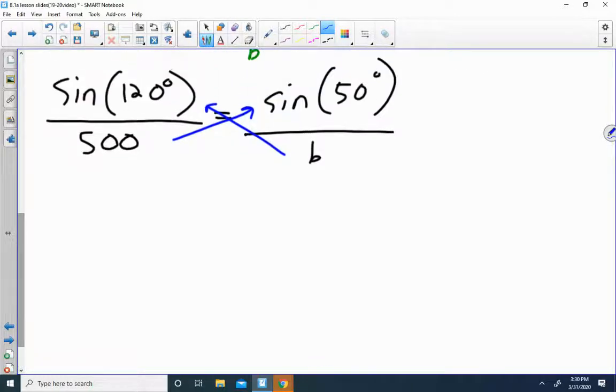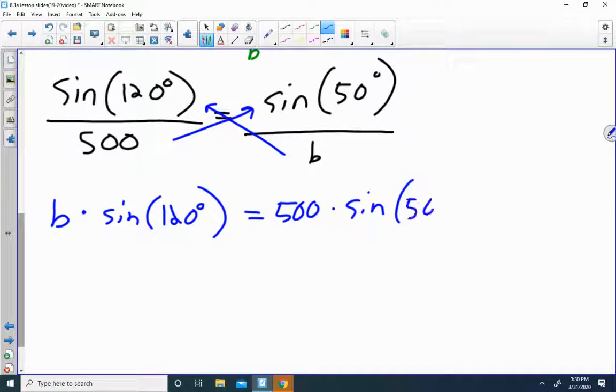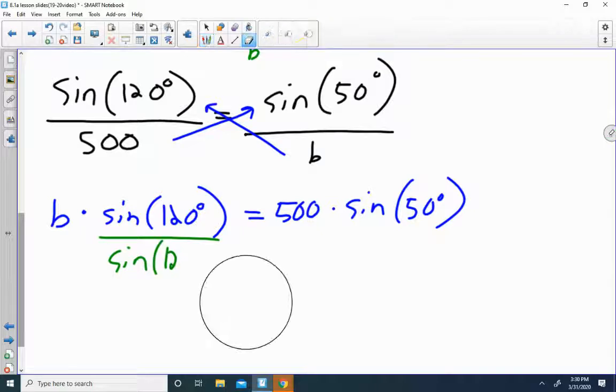Let's do it. So here we're going to have b times sine of 120 degrees, and then that's going to be equal to 500 times sine of 50 degrees, and then that's going to be divided by sine of 120. Whoops. Gosh darn it.